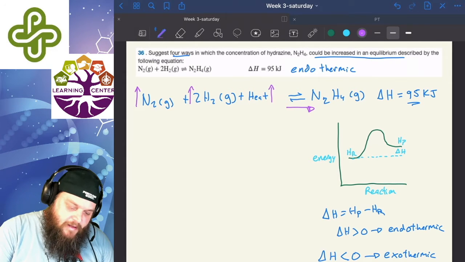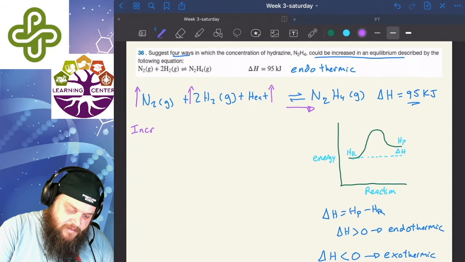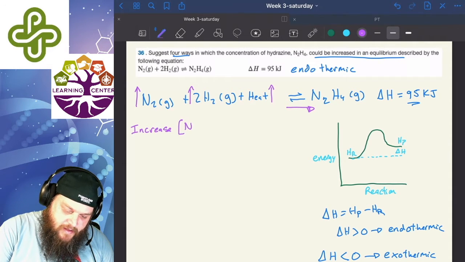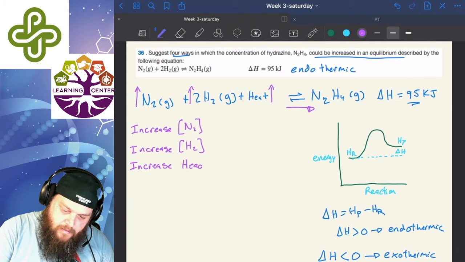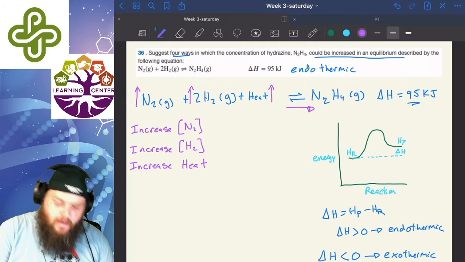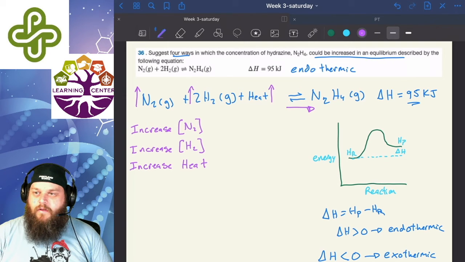So I'll write that here: I can increase the concentration of N2, I can increase the concentration of H2, and I can increase the heat, because all of those are reactants in this equilibrium.